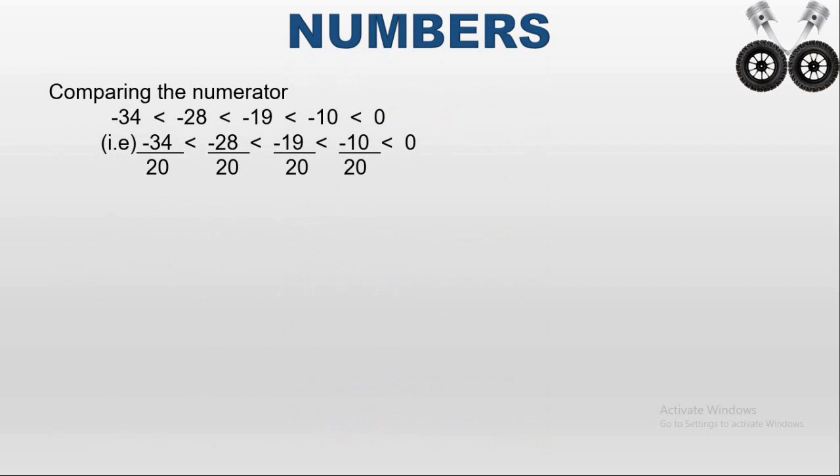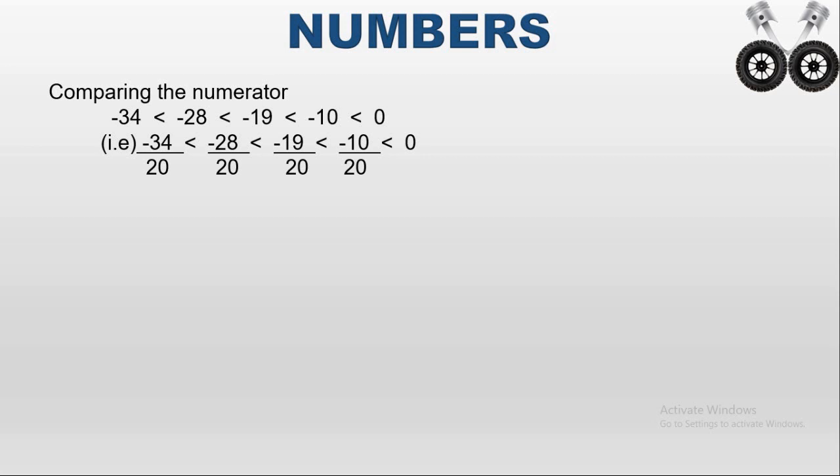Then we have to compare the numerators. So what are the numerators we have? The numerators are minus 34, minus 28, minus 19, minus 10 and 0. So here all the rational numbers have negative numerators. So in negative numbers, the negative sign with the smallest number is the greater one. Negative sign with the greatest number is the smallest one. So here the negative sign with the greatest number is 34.